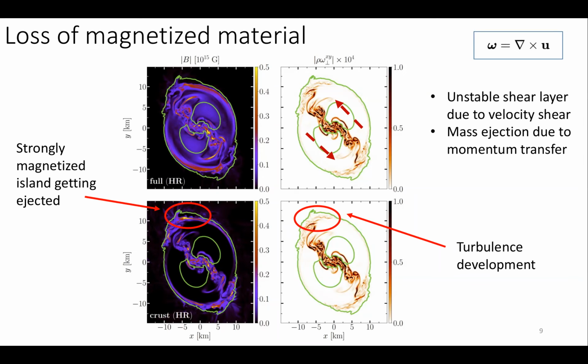So the main process that we identify for this early stop of the amplification is that important magnetized material at the crust of the crust configuration is not ejected fully from the domain, but it's removed from the important regions of the hypermassive neutron star, where it can act as a fuel to amplify the magnetic field further. And of course, for the full configuration, this is not happening because there's just magnetic fuel available everywhere in the star, such that the shear layers which are generated by the merger process always have some fuel to amplify the magnetic field.